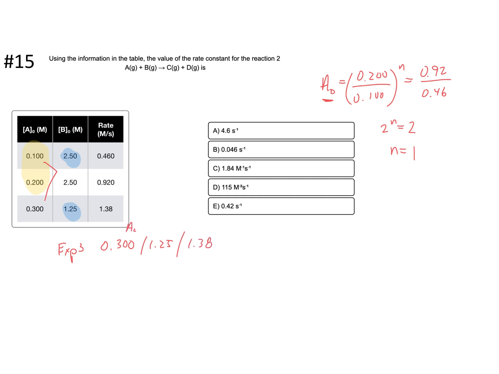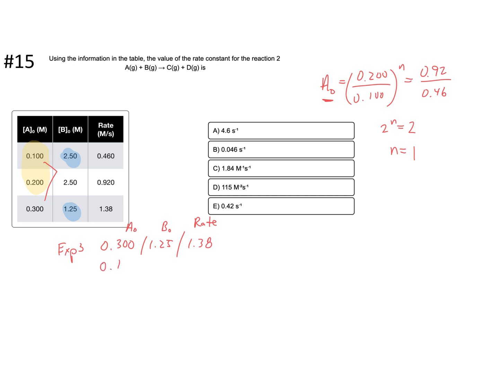That's the concentration of A, concentration of B, and the rate of the reaction. I know this reaction is first order with respect to A, so if I double it, I'm doubling the rate, or if I triple it, I would triple the rate of the reaction.